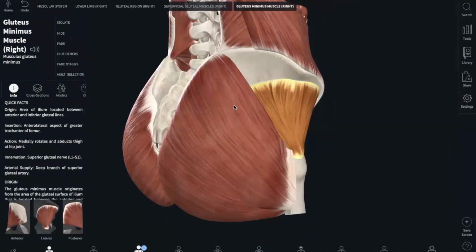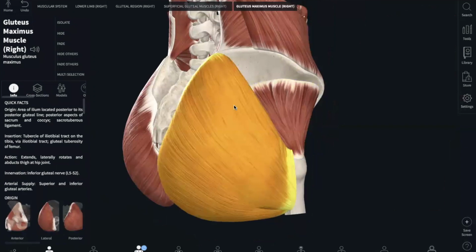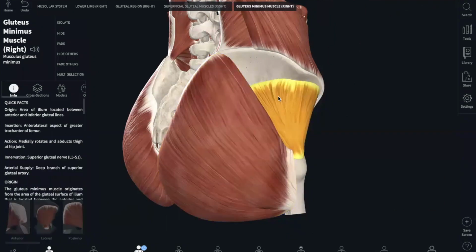Now, the gluteus maximus is supplied by the inferior gluteal nerve because it is more inferior than the other 2, whereas the medius and the minimus are supplied by the superior gluteal.